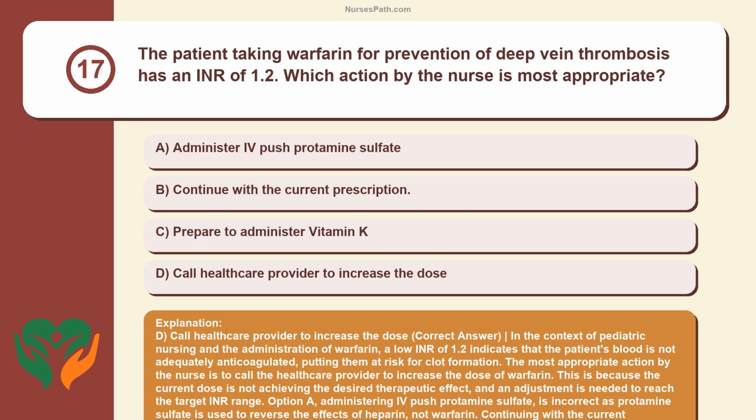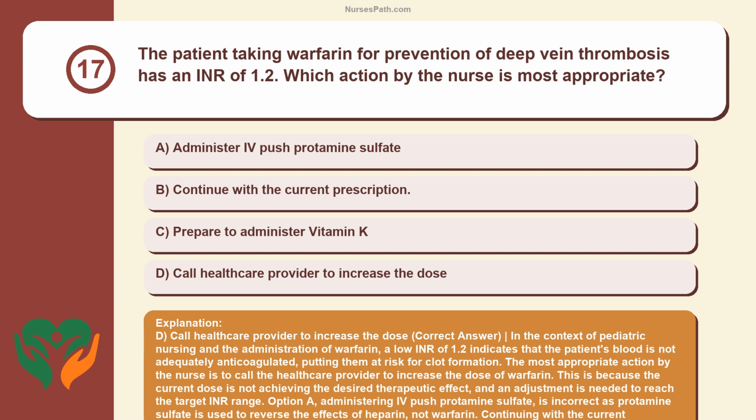Correct answer. In the context of pediatric nursing and the administration of warfarin, a low INR of 1.2 indicates that the patient's blood is not adequately anticoagulated, putting them at risk for clot formation. The most appropriate action by the nurse is to call the healthcare provider to increase the dose of warfarin.